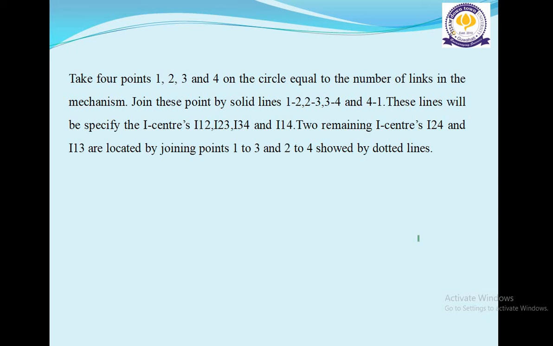Join these points by solid lines 1-2, 2-3, 3-4 and 4-1. These lines specify the I-centers, that is I12, I23, I34 and I14. The two remaining I-centers I24 and I13 are located by joining points 1-3 and 2-4, shown by dotted lines.